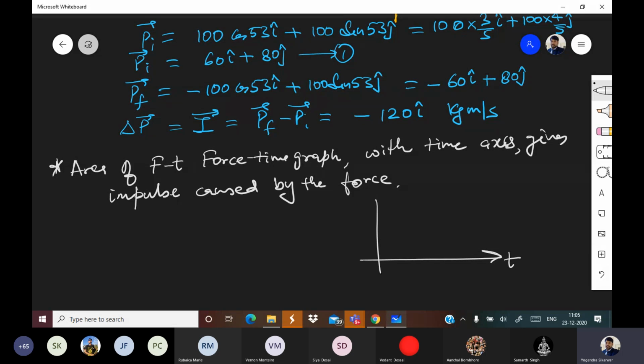So suppose this is time, this is force, and this is your graph, and let's say this is t1, this is t2, then this area will be your impulse. Area is equal to impulse. All right. Question?